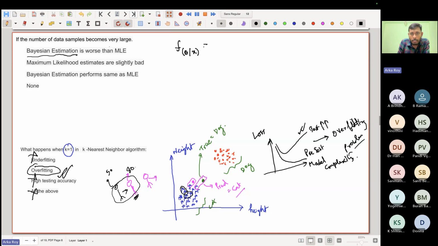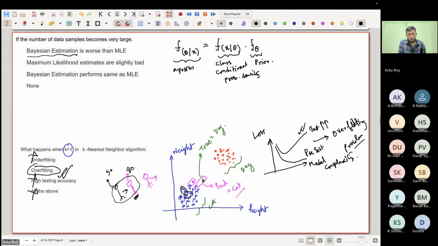We try to calculate it, and let me equate that with f of x given theta and f of theta. So this is what is called prior. This is what is called the class conditional probability density. And this is your a posteriori probability.